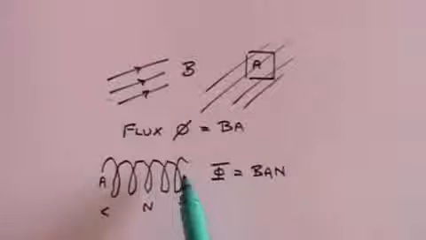So you've got N transitions, and that's why it's BAN.